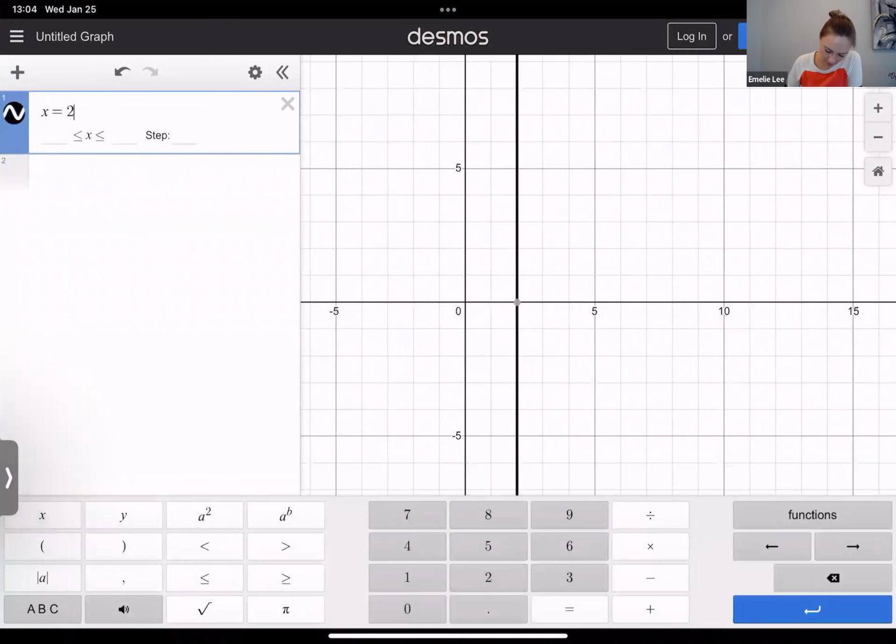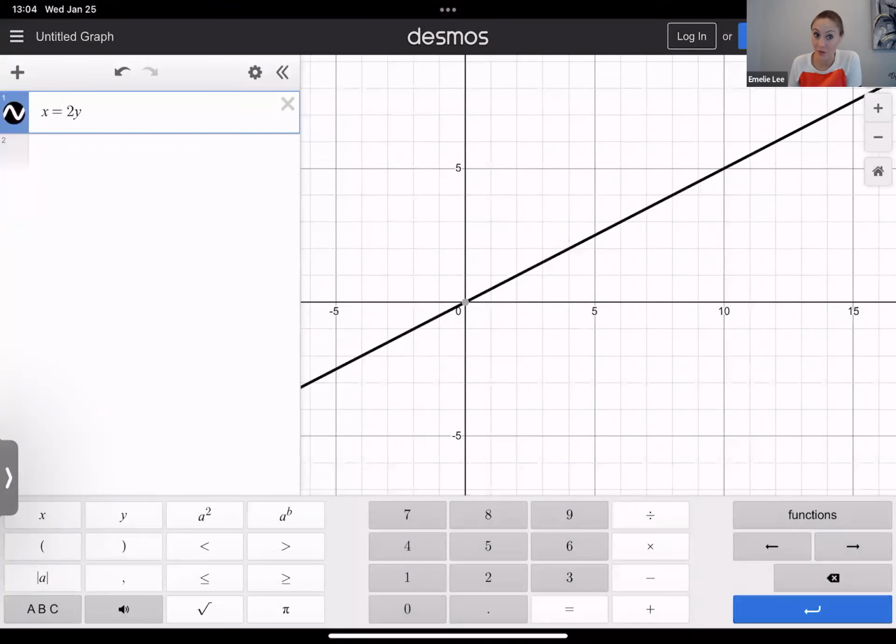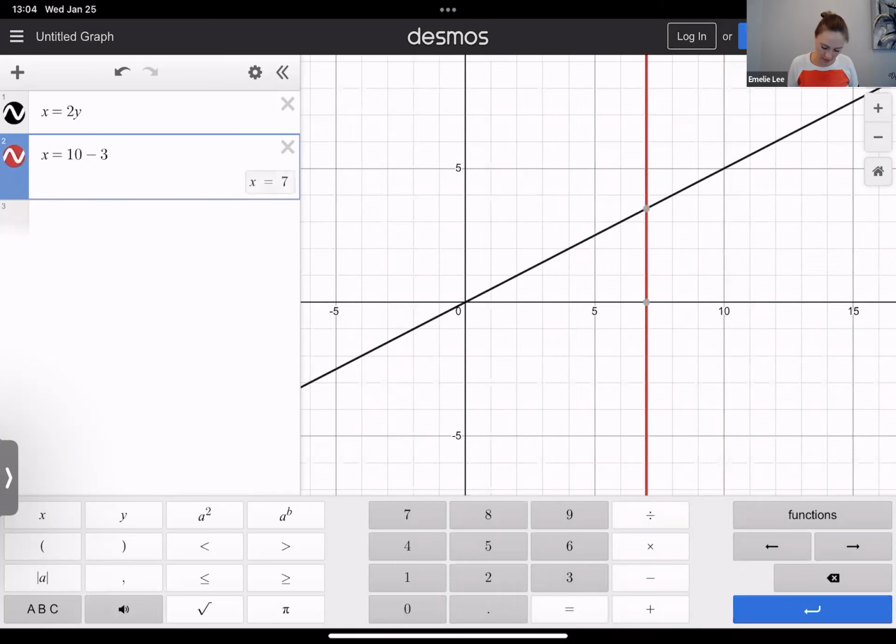X is equal to 2Y. So far, so good. That's my supply curve. Yeah, that's the supply curve. Now the demand curve was X is equal to 10 minus 3Y.